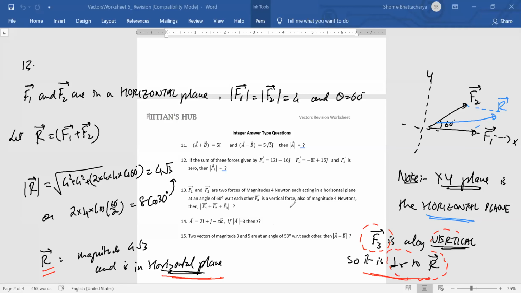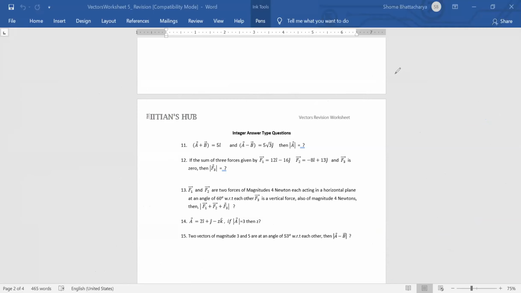Is this point clear? Okay. So now with this, you can understand that R has a magnitude of 4 root 3. F3 has a magnitude of 4, and R is perpendicular to F3. Okay.